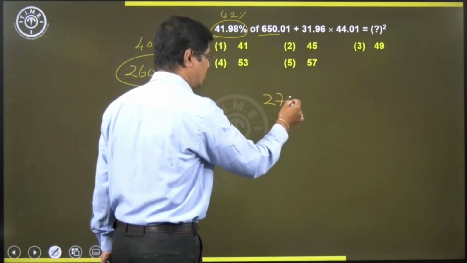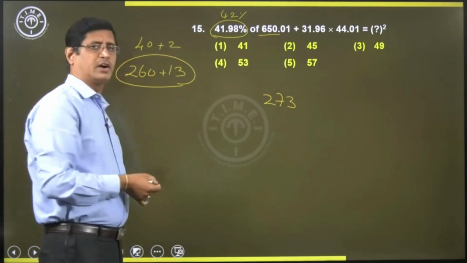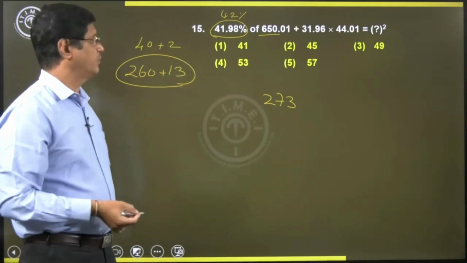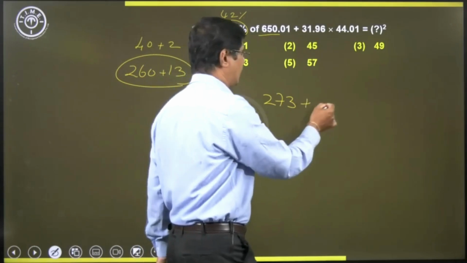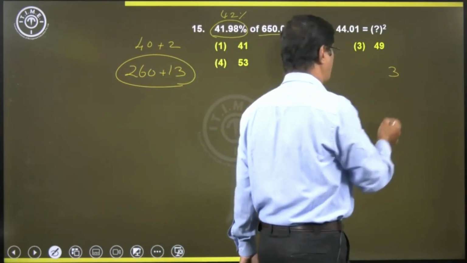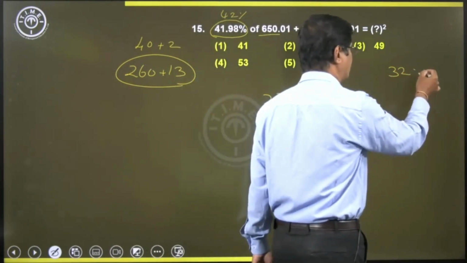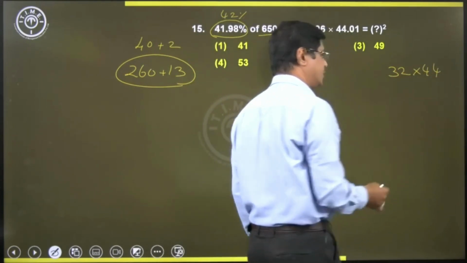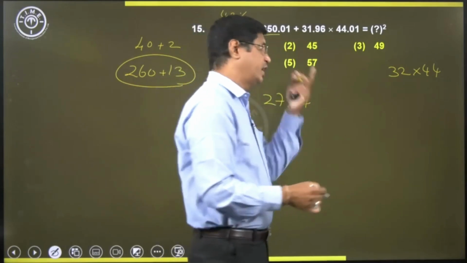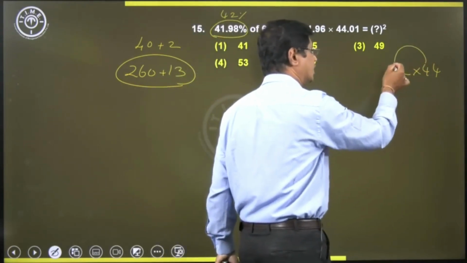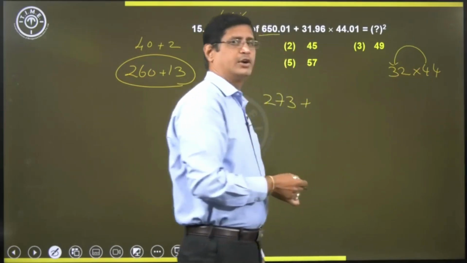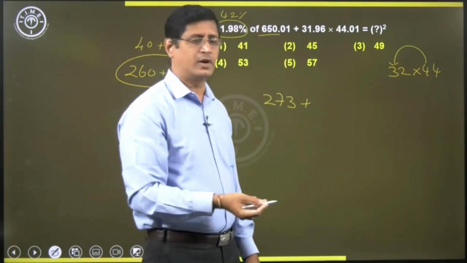273. 273 is the value of 42% of 650, plus 31.96, which means 32. So 32 into 44. My dear student, here 40 into 32. 4 times of 30, 120 plus 8, 128.